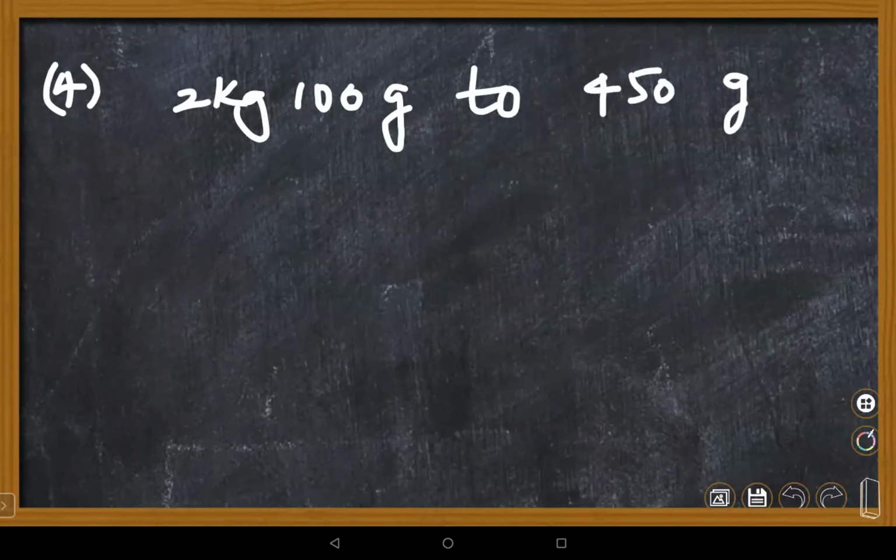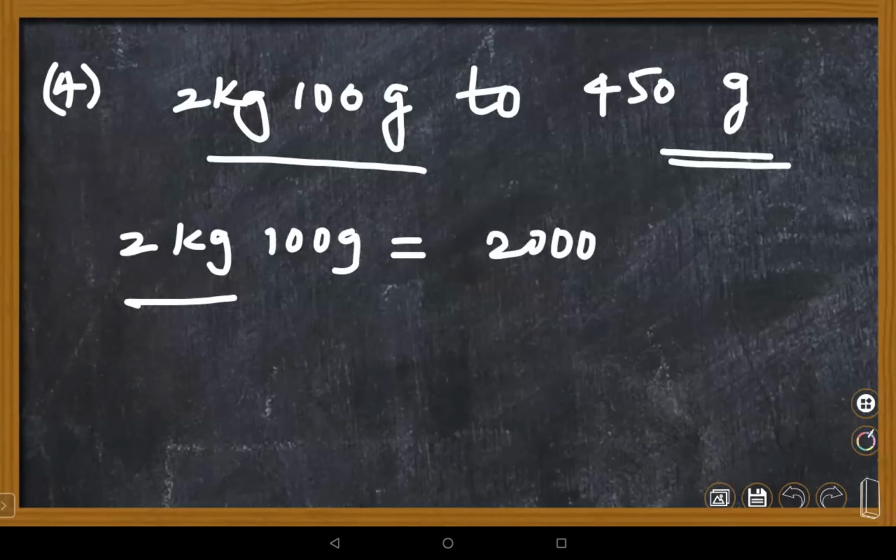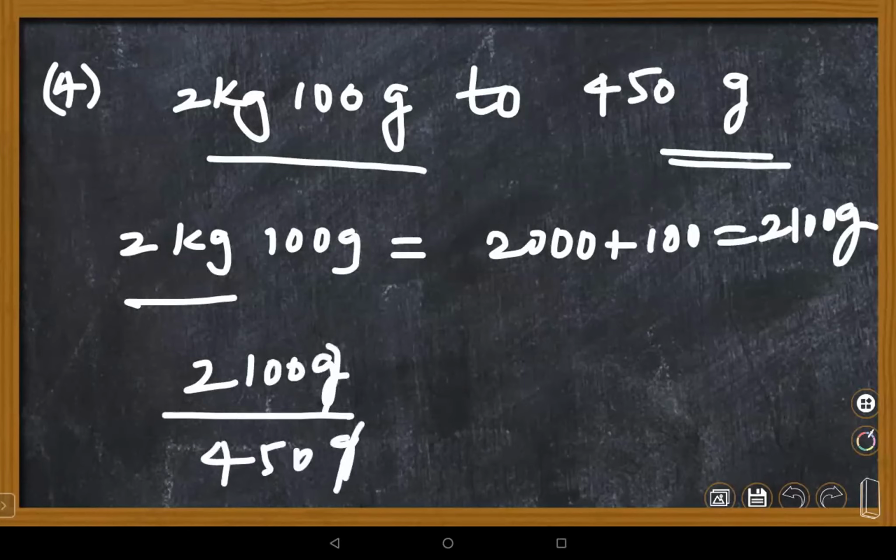You have to convert into the same units. 2 kg 100 grams can be converted: 2 kg means 2000 grams, 2000 plus 100, so it's nothing but 2100 grams. Now 2100 grams divided by 450 grams. So grams get cancelled, 0 gets cancelled.